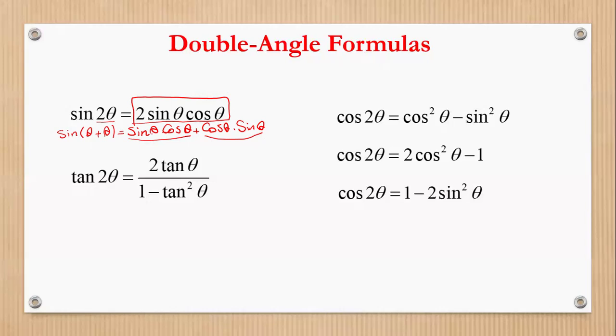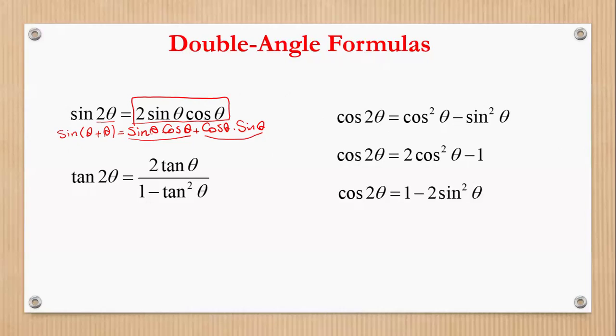For the sine of double angles, we only have one formula, which is 2 times sine of theta cosine of theta. For tangent, we also have one formula, which is the fraction of 2 tangent of theta on the numerator and 1 minus tangent square on the denominator.